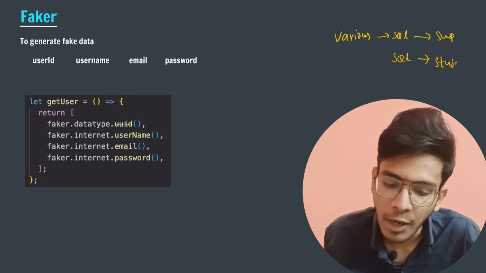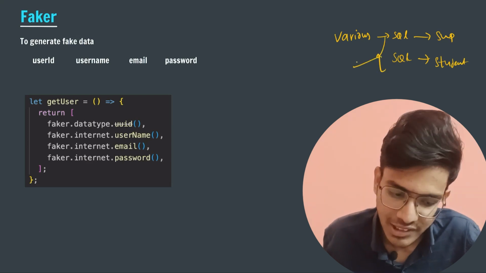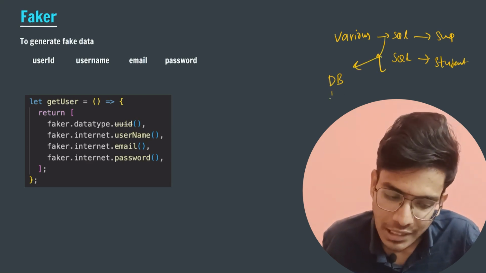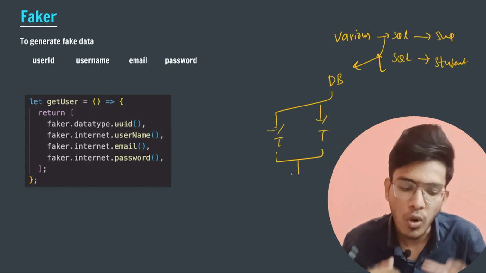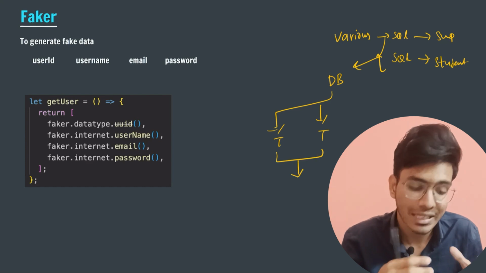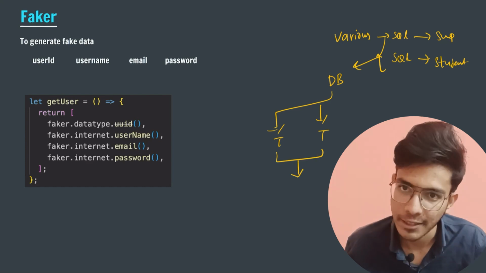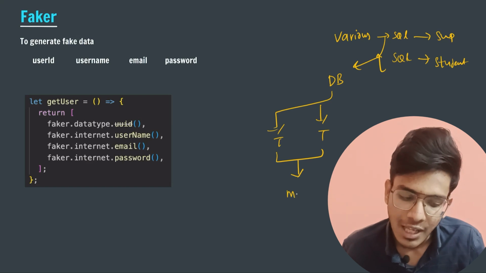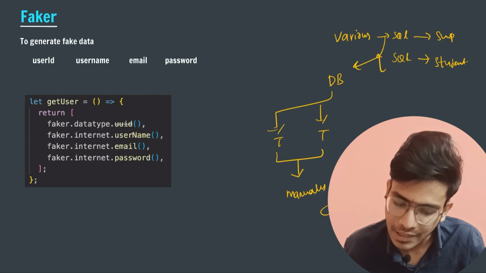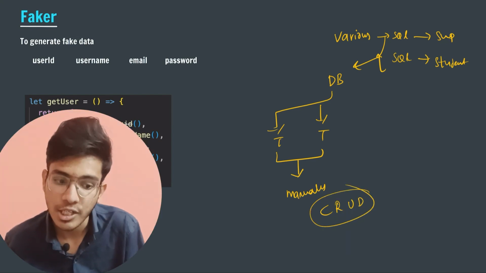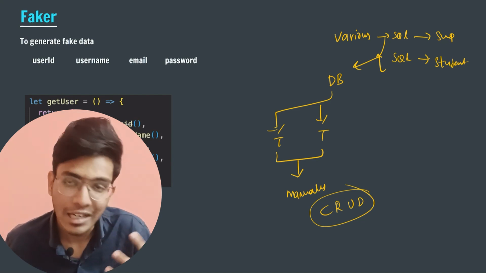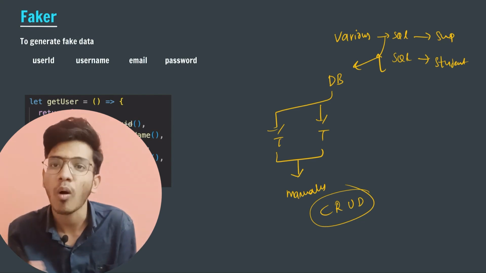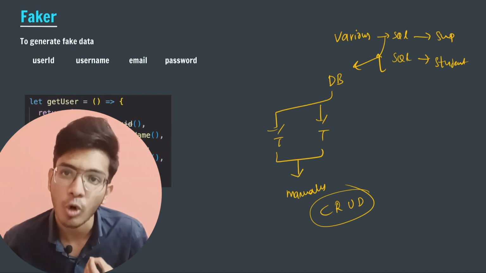So we have been creating different databases, and in each database we can create multiple tables, and in these tables we were creating data manually, right? We have been performing CRUD operations, creating, reading, updating, deleting, on this data manually. We were doing all sorts of things on our own.